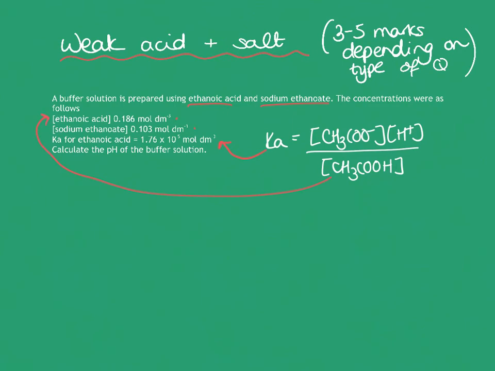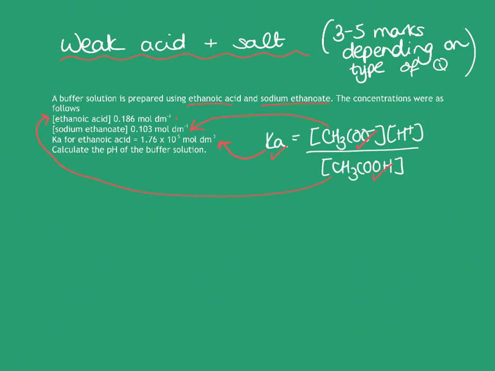And the sodium ethanoate, you can assume that the sodium ethanoate is providing all of the salt ions here. So hopefully you can see from that we've got Ka, we've got the anion, the negative ion, and we've got the concentration of the acid. So all we need to do now is to rearrange to get H plus, and we'll be able to do the pH calculation pretty quickly.